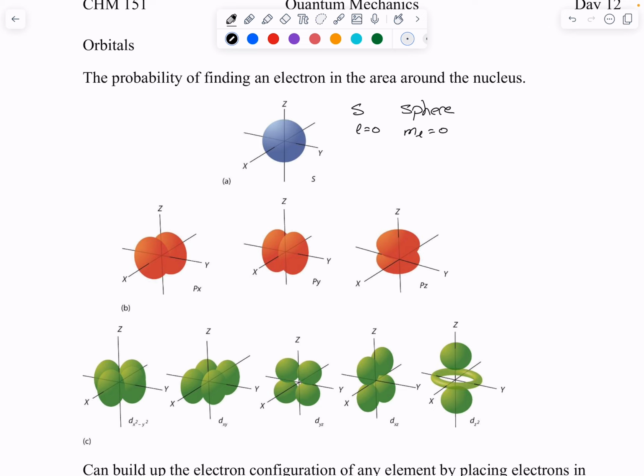p orbitals. All right, they're like dumbbells, peanuts, whatever you call it. L is 1, so m sub L is -1, 0, 1. And the three p orbitals are a p on the x-axis, a p on the y-axis, and a p on the z-axis.